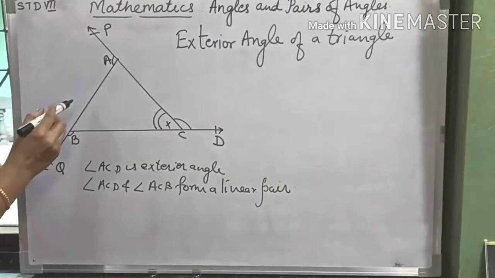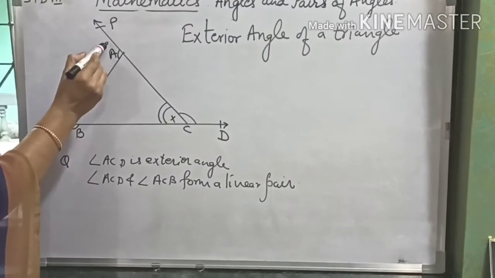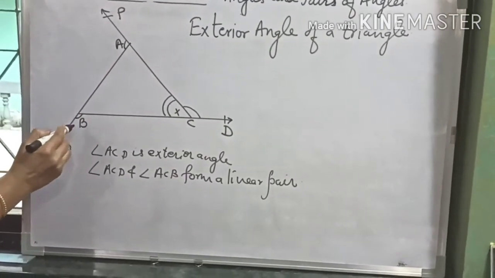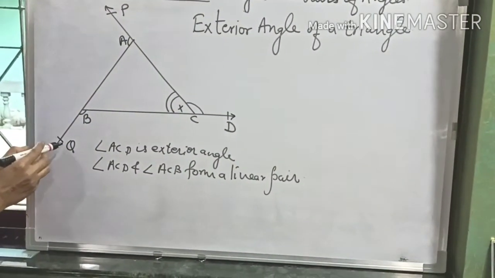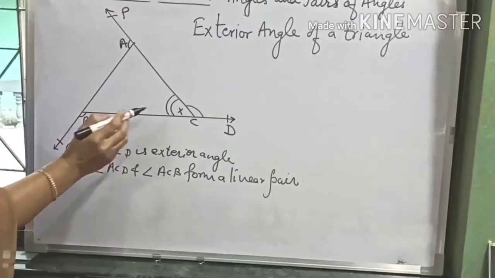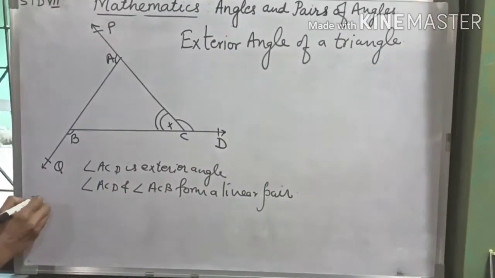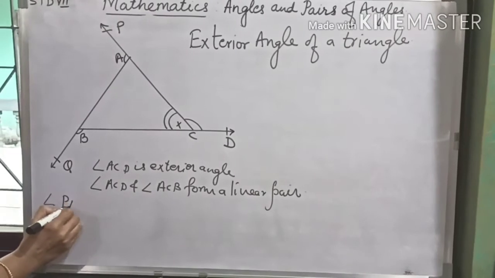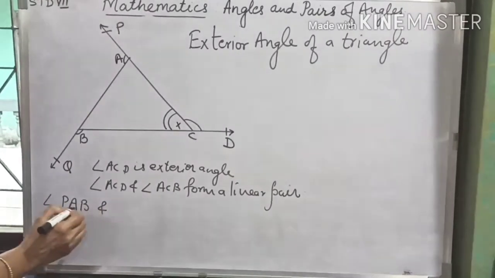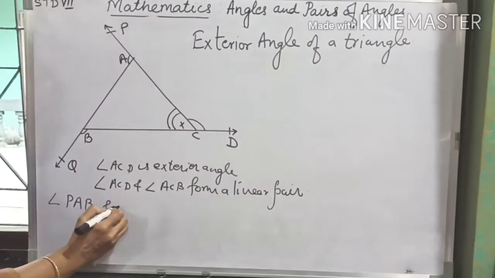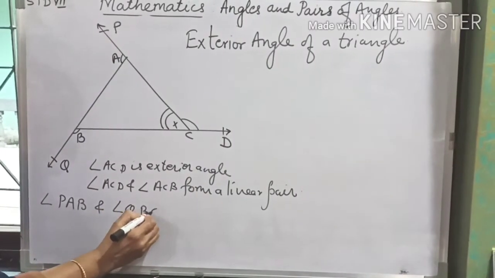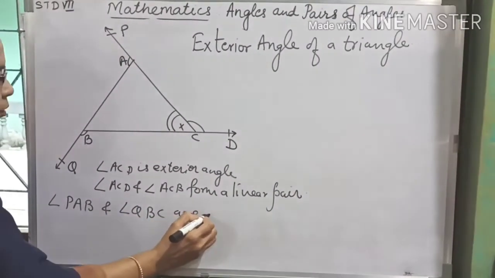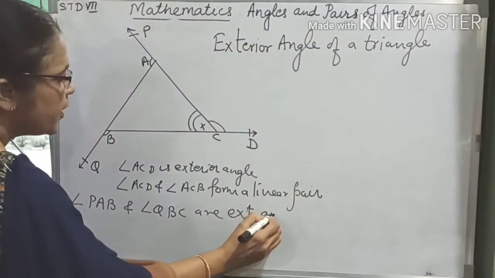Similarly, you can look here, angle PAB is exterior angle and angle QBC is exterior angle. Angle PAB and angle QBC are exterior angles.